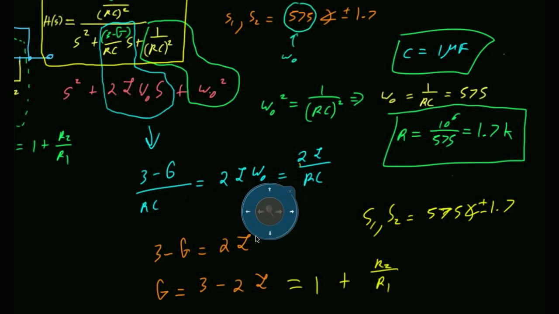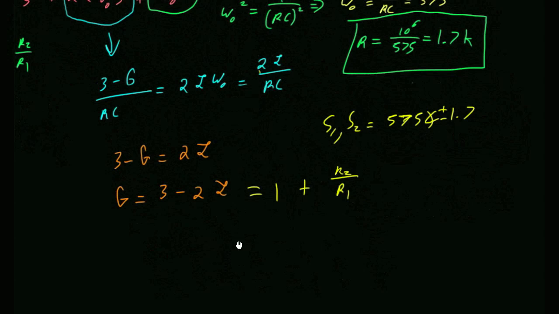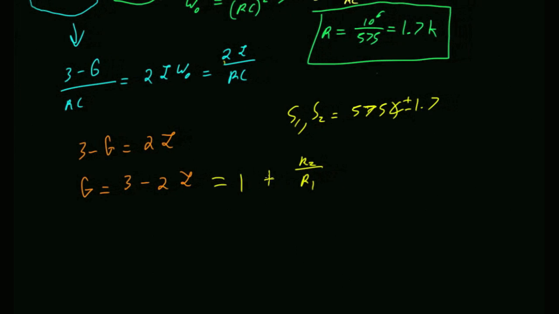So can we figure out the value of zeta that I need? In other words, what value of zeta does this represent? How could I know that? What's that? It's got to be between 0 and 1, absolutely. But how can I know for sure? We talked about that.